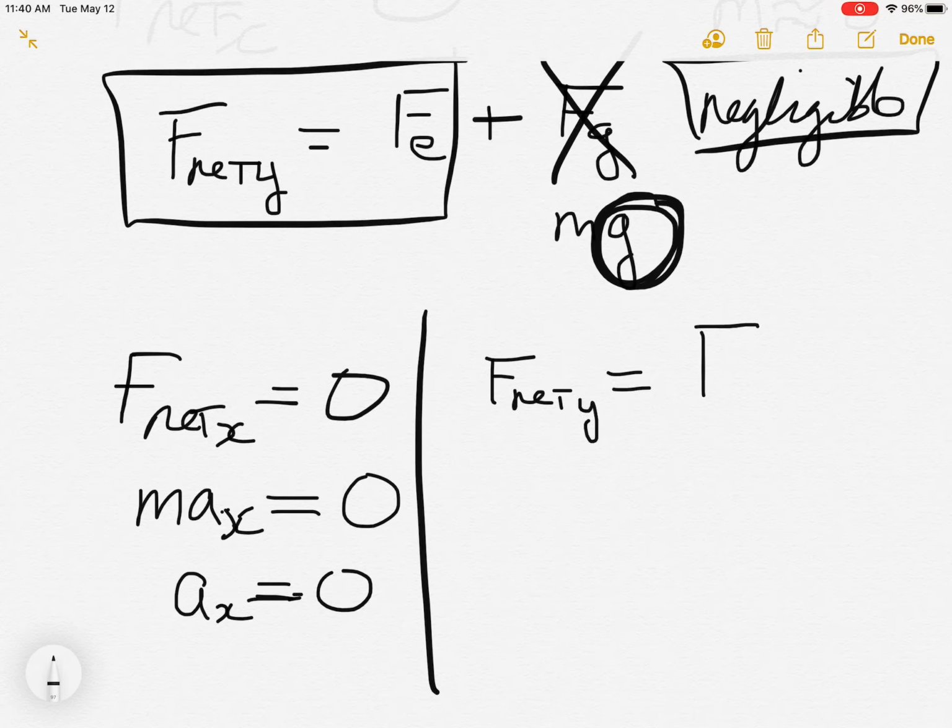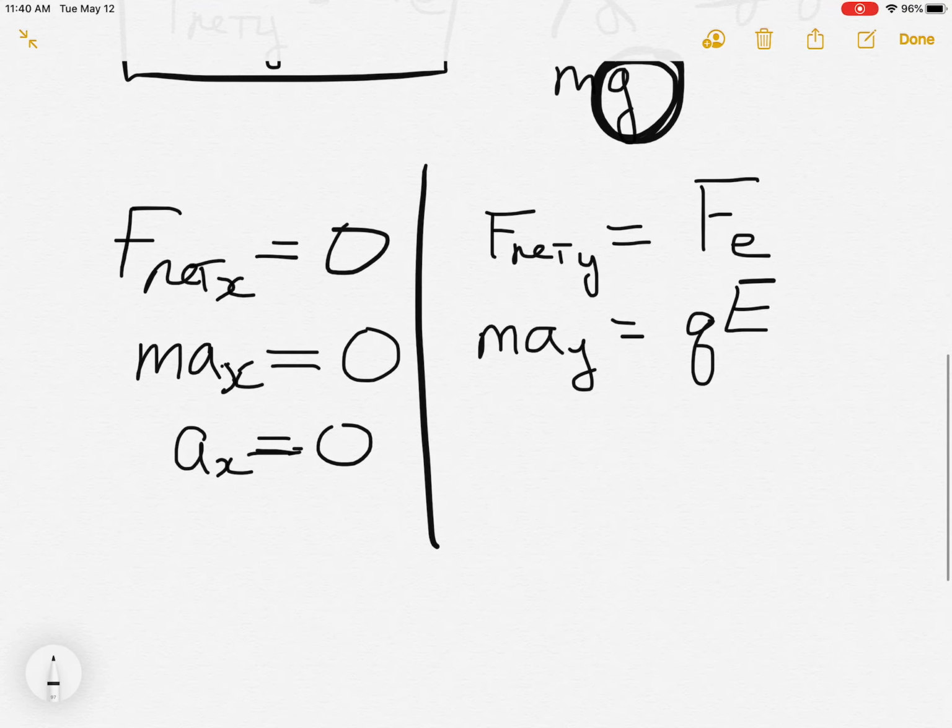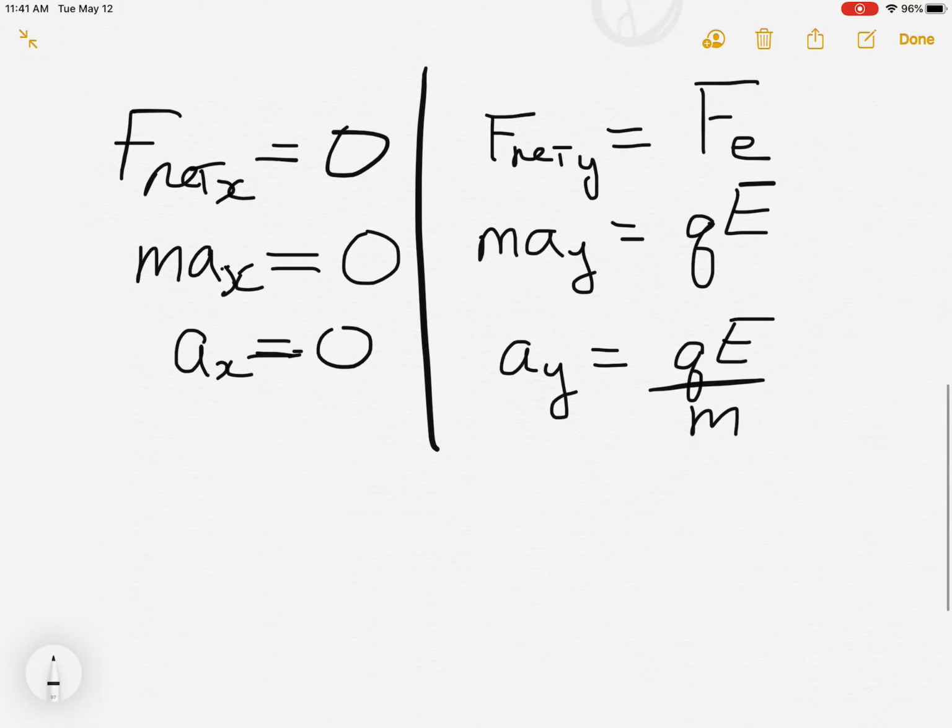And then if you do the AY, well, if the F net in the y direction is equal to the electric force, then MA in the y direction is equal to the electric force, which is Q times E, right? QE. And in this case, that would be an upward force. So the direction would be upward because we've already discussed how that force would work. But then you solve this for AY.